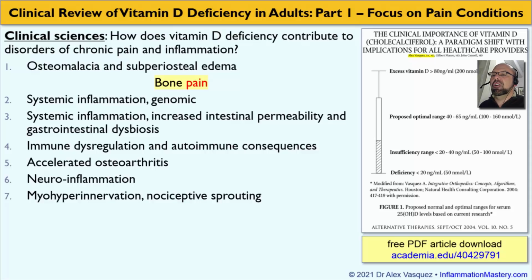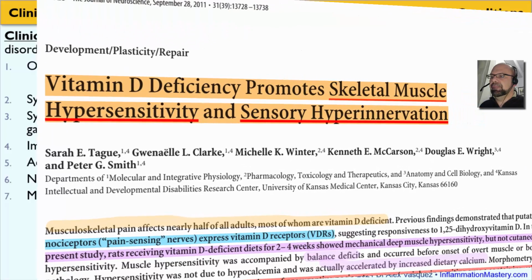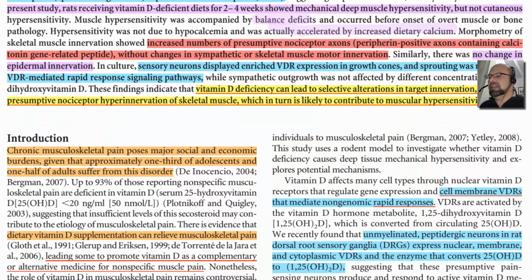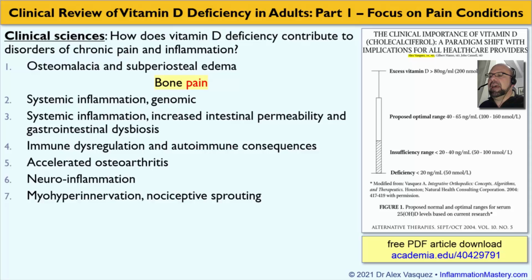This has been shown to occur in animals that are made vitamin D deficient within 2 to 4 weeks of induced vitamin D deficiency. So again, I call that Myo Hyper Innervation. It's a proliferation or a sprouting of these nociceptive neurons within skeletal muscle, not within the skin, within the skeletal muscle. So my other term for that is nociceptive sprouting.